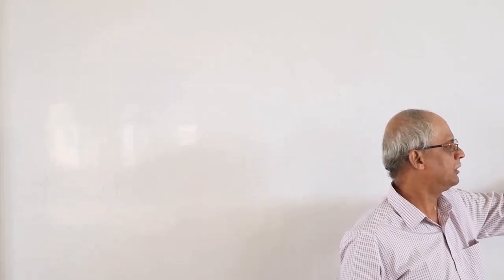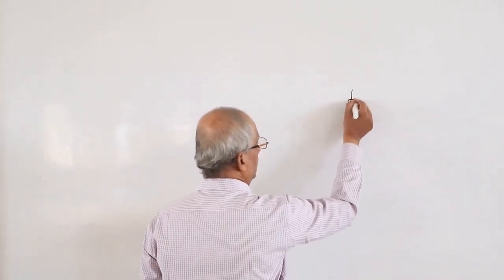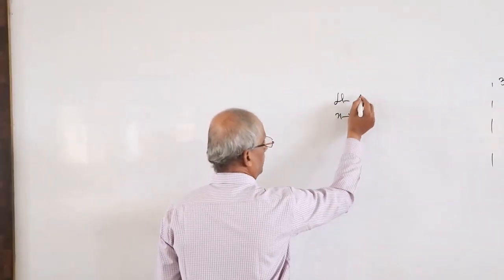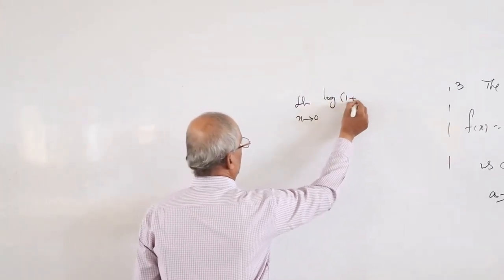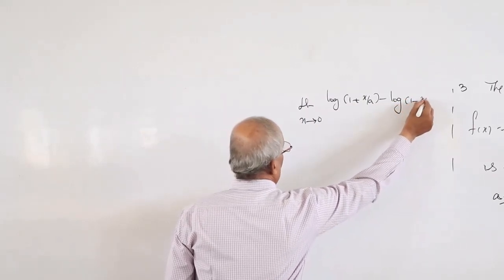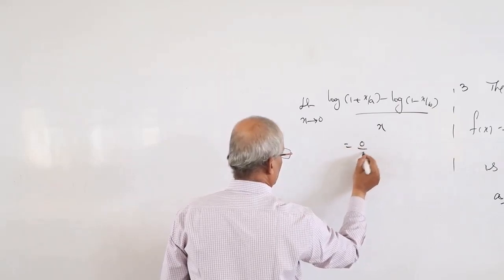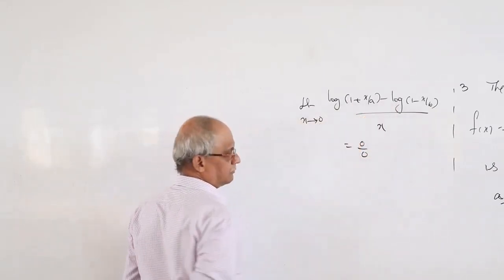Denominator is a problem. Numerator is also a problem. When x is 0, log 1 is 0, log 1 is 0. 0 by 0 form. What is implied? Indeterminate form. We will go for limit x tends to 0, 0 by 0 form. Log 1 is 0, that is why.